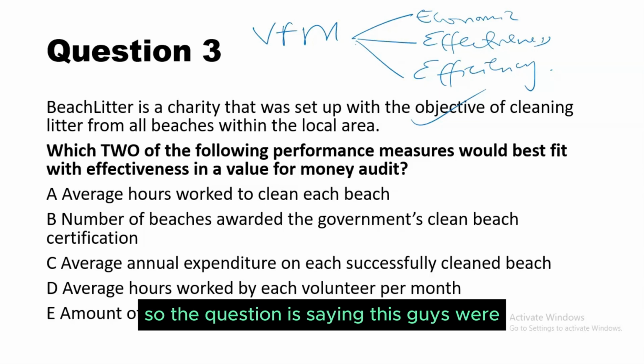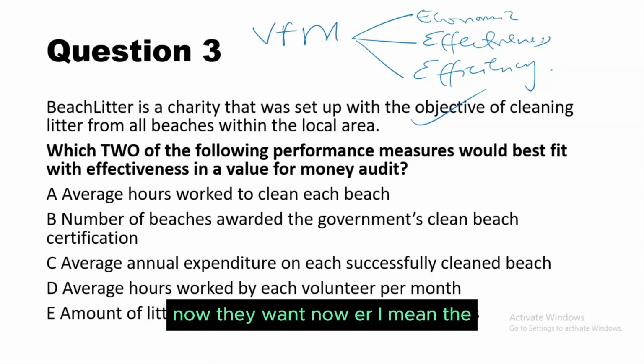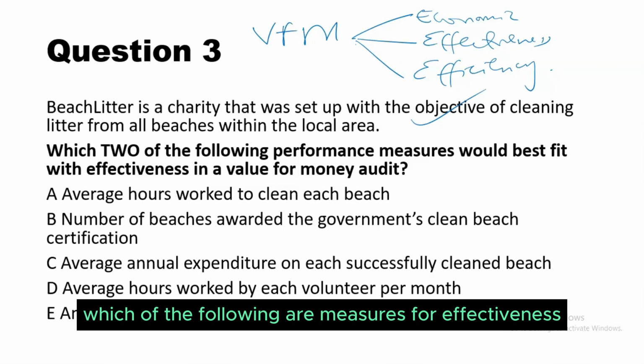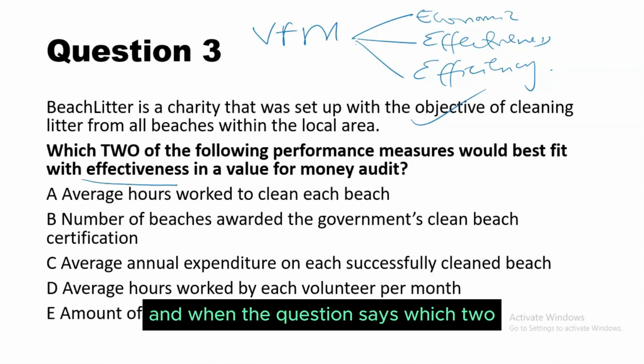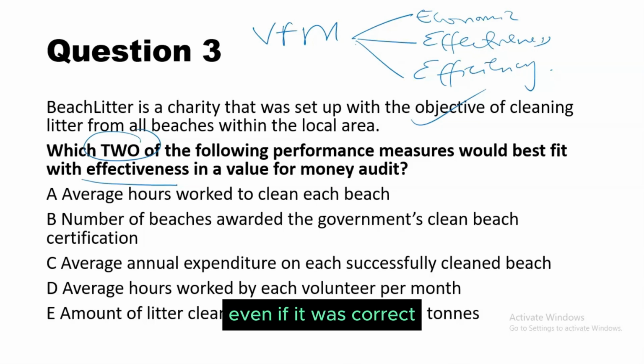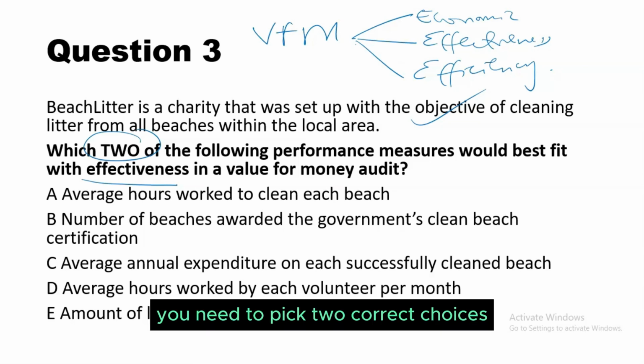The question is saying these guys had an objective of cleaning the beaches. The examiner is asking which of the following are measures for effectiveness. And when the question says which two, it means that if you only pick one, even if it is correct, you're going to fail that question. You need to pick 2 correct choices.